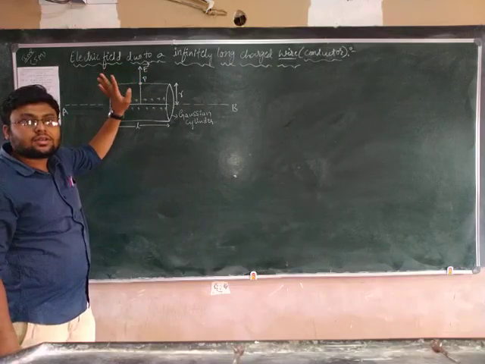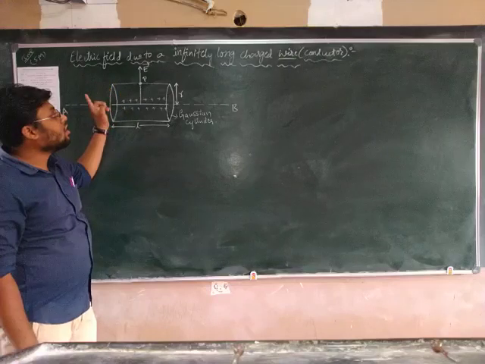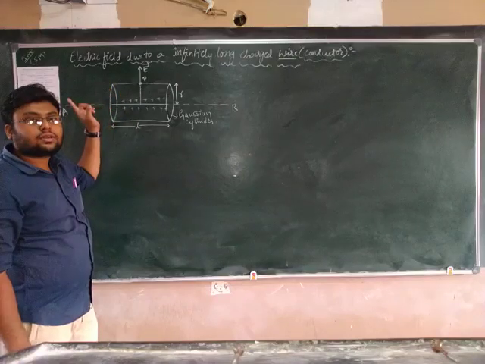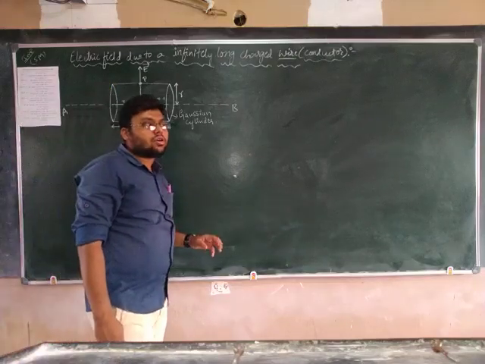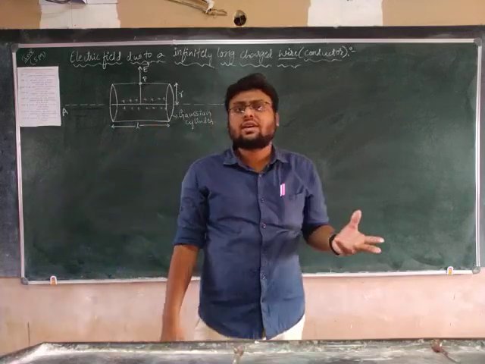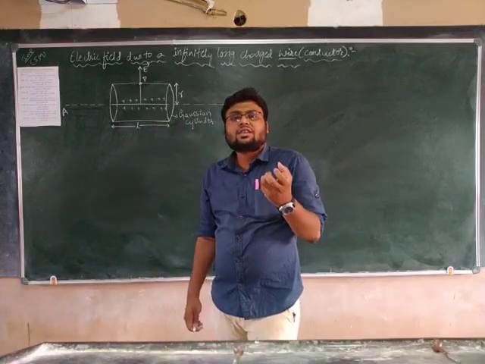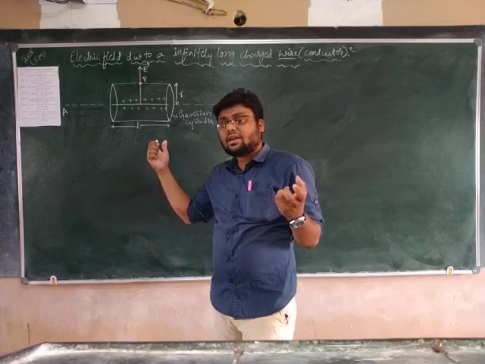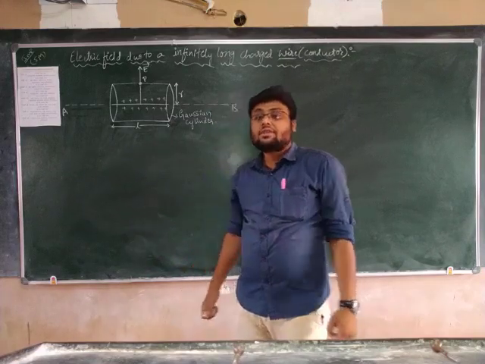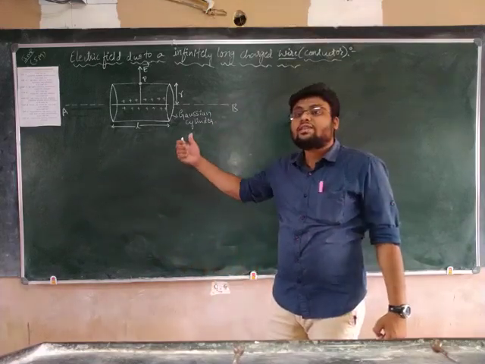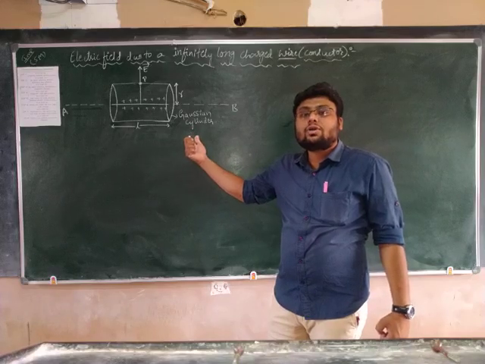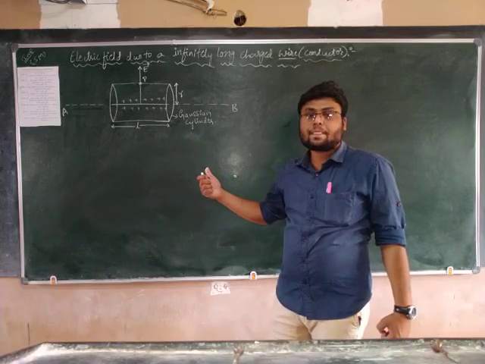So for that, I will consider a Gaussian cylinder. I have already explained about the Gaussian surface. It is an imaginary surface. Here we have taken a cylinder, an imaginary cylinder, in order to find out the electric field.